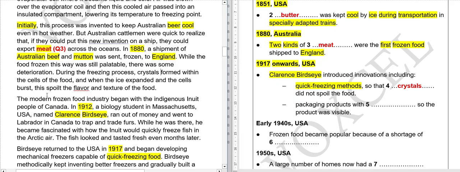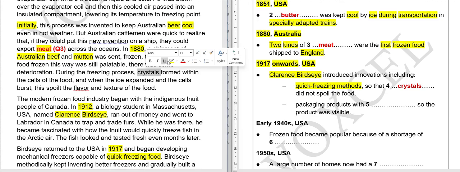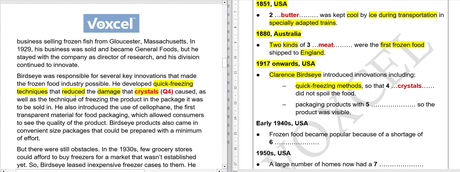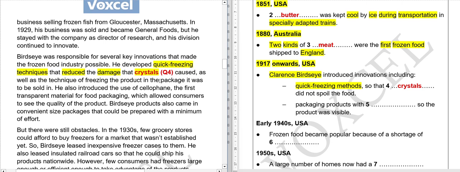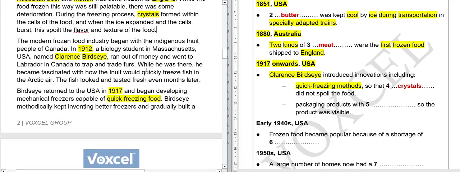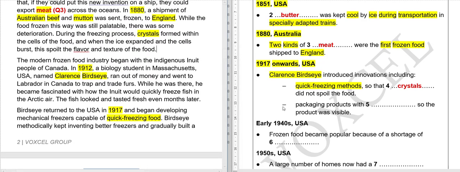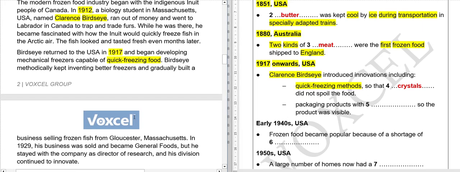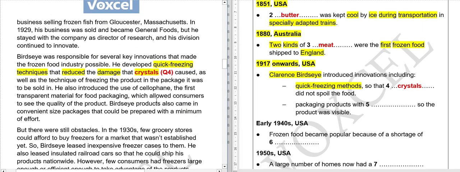The crystals which formed within the cells, and when they burst they spoiled the flavor. From here also we could have identified our answer, but in this paragraph they have written the exact words that we were looking for. That's why I told you I think I have found the answer, but till I found the other words of the answer in that sentence, I cannot say for sure that this answer is correct or not.